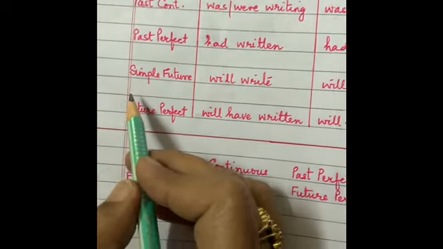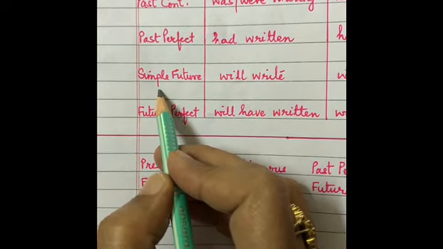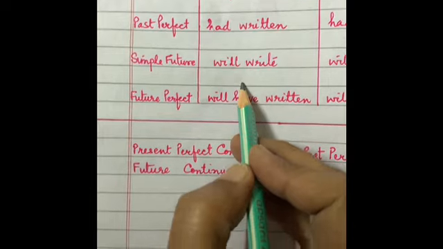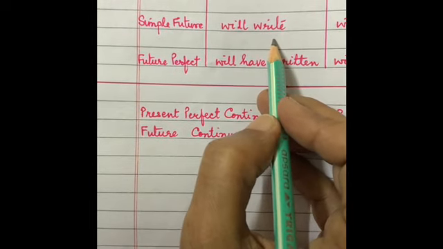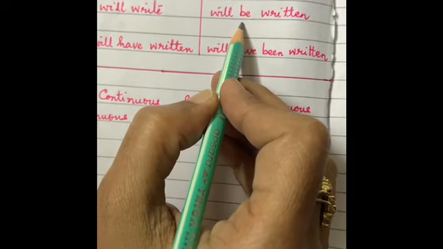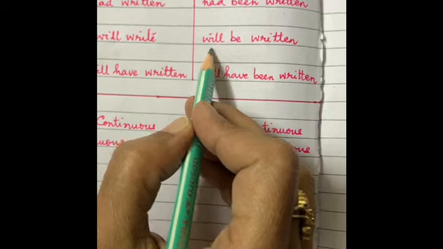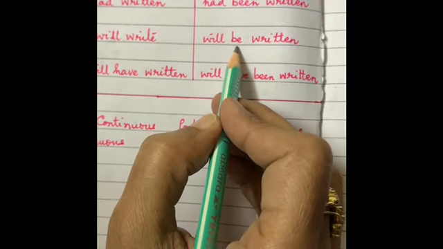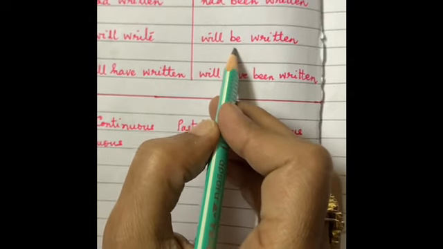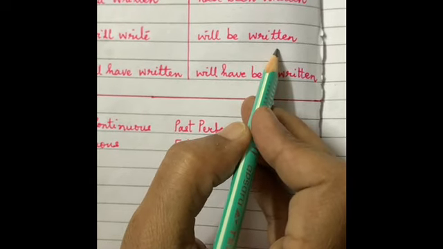And now comes simple future tense. In active voice we write will write, while in passive voice we use the helping verb be and written. Will be comes in between, will be and then written, the verb's third form.